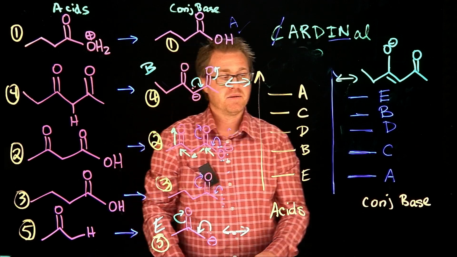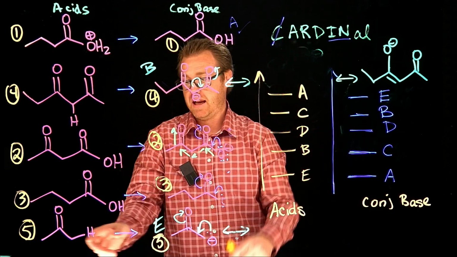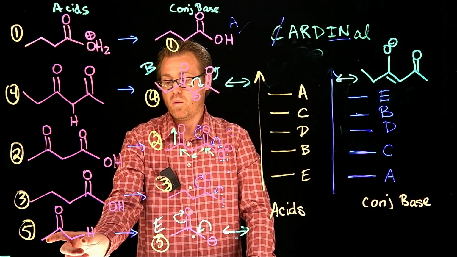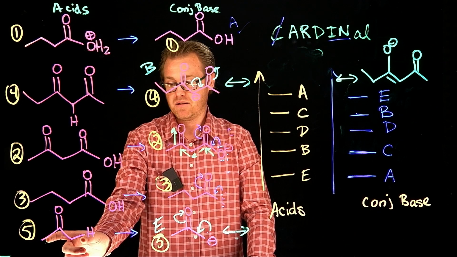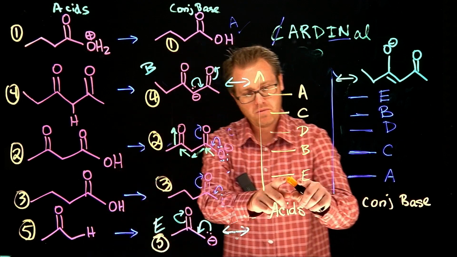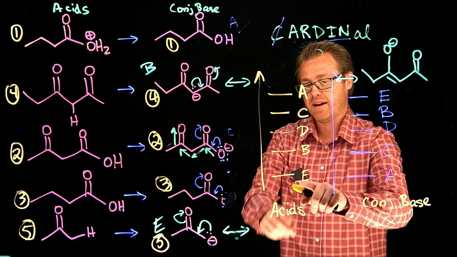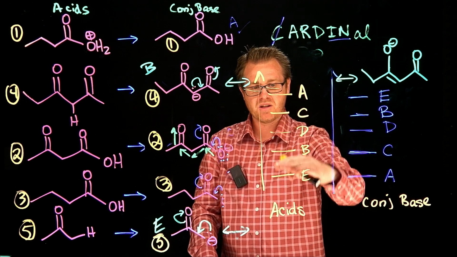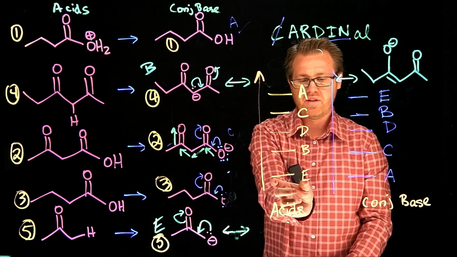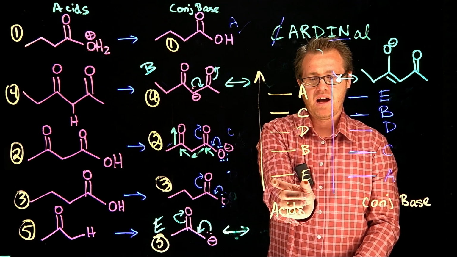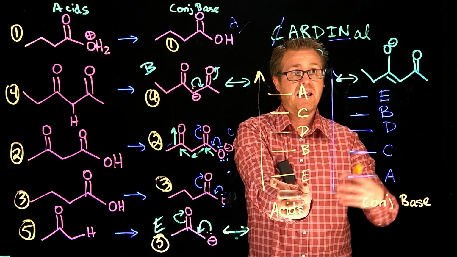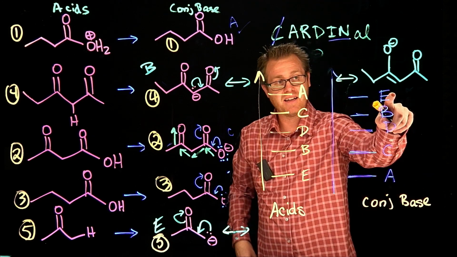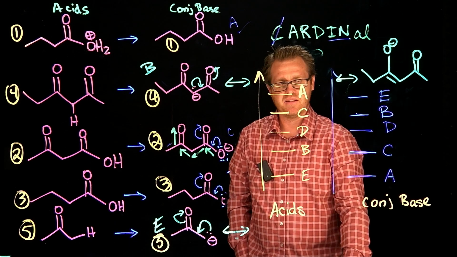In contrast, why is E, or this guy right here, the least acidic? Well, look where it's at. It's right here. It's the lowest in energy. So it's so low, why would this guy even think about, hey, if I give up my proton, I'm going to turn into the highest in energy species amongst these 5?